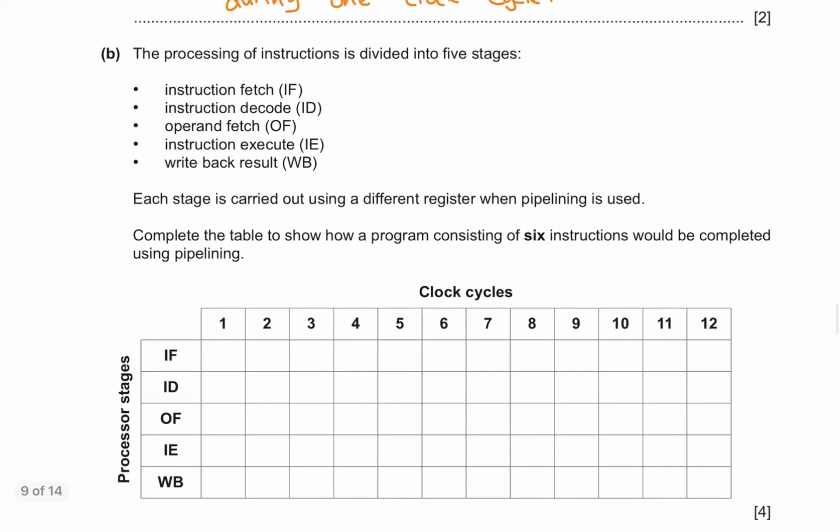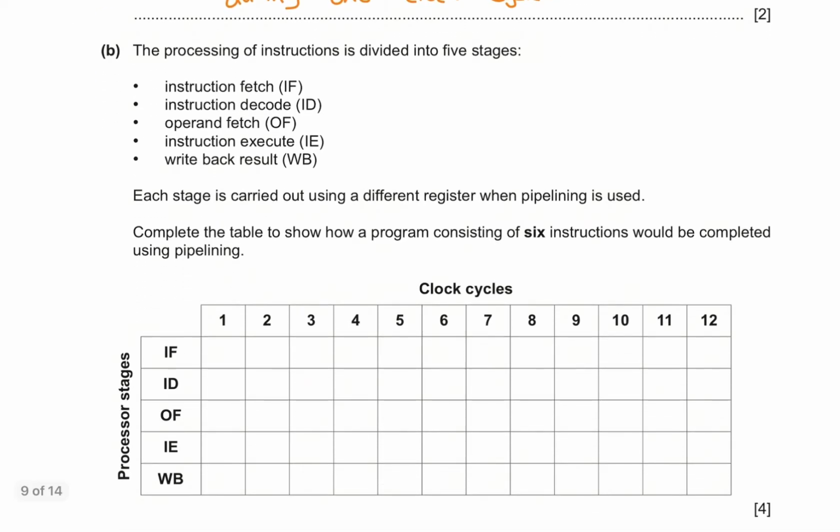Now, the processing of an instruction is divided into 5 stages. Each stage is carried out using different registers when pipelining is used. Complete the table to show how a program consisting of six instructions would be completed using pipelining.